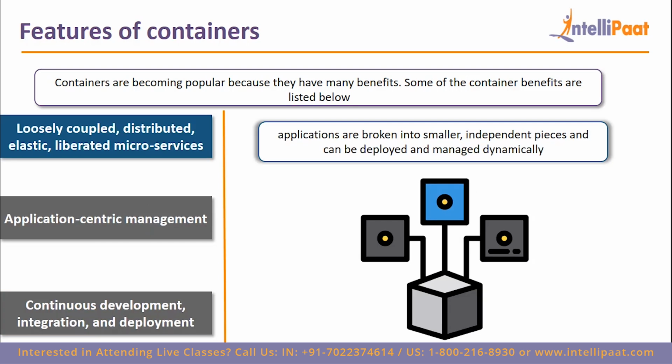Moving ahead, they are very loosely coupled. Distributed elastic service is also there, and there are liberated microservices. What it basically means is, let's say you have a 3-tier application, it can be broken down into smaller, independent and simpler pieces. My 3-tier app can have 3 different layers, which can work individually, and all of these together finally give me the application that is required.